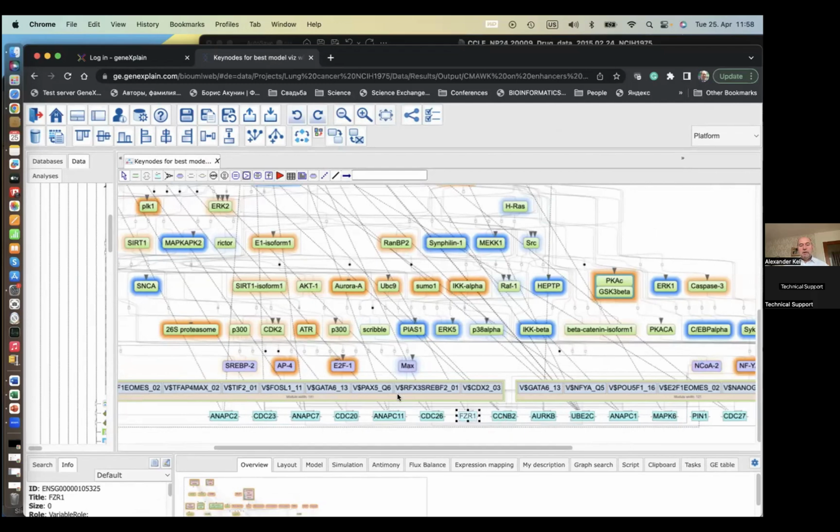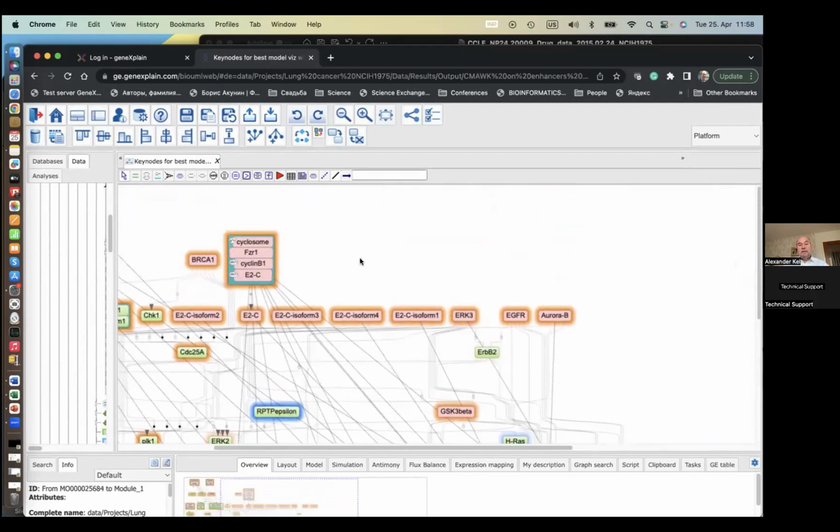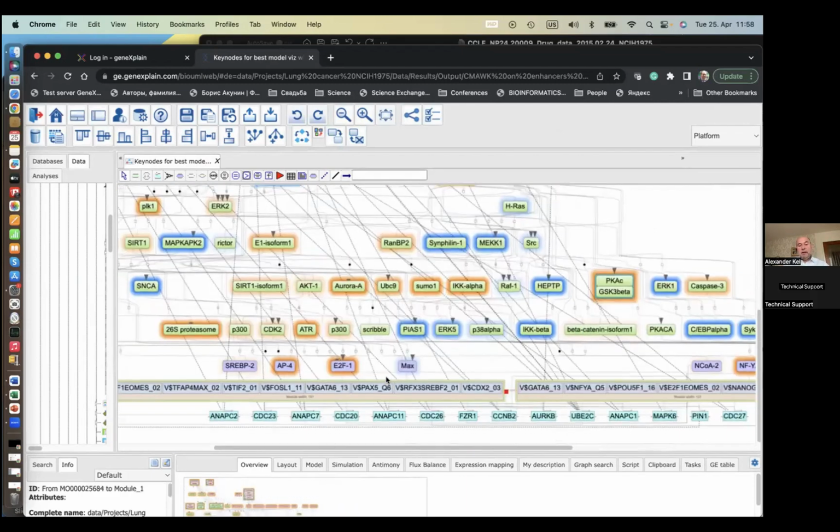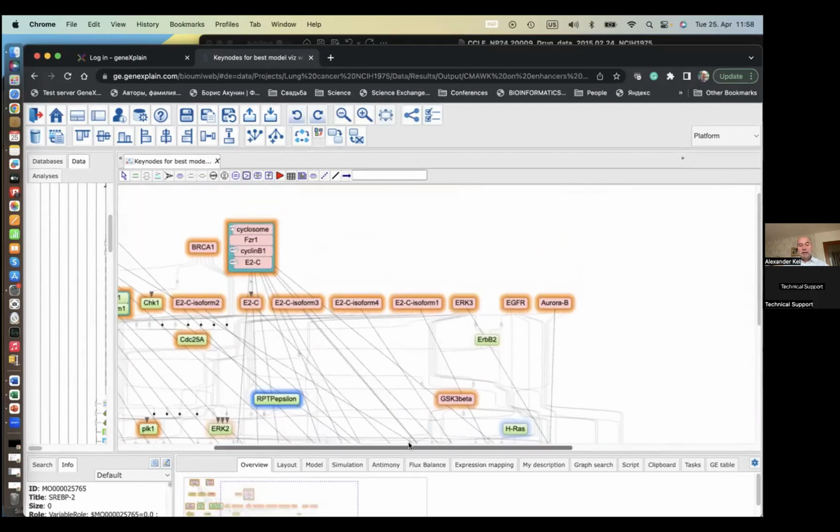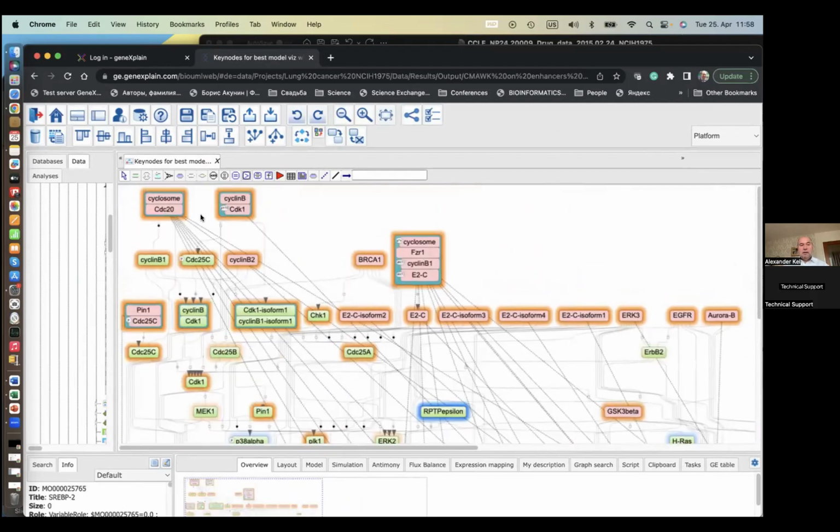You see the transcription factors, which are obviously working in the regulated regions of those genes affected by the mutations. And then you see the cascade of signal transduction, which may lead to activation of those transcription factors. In that cascade, you see what we call master regulators.